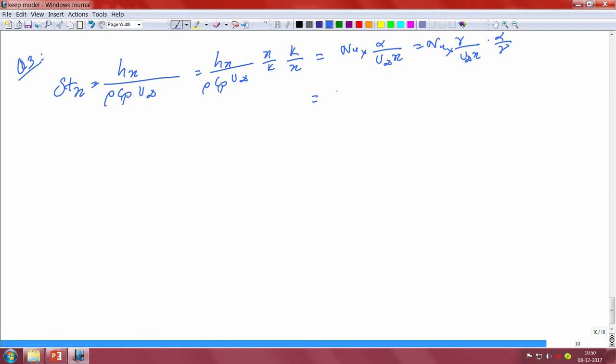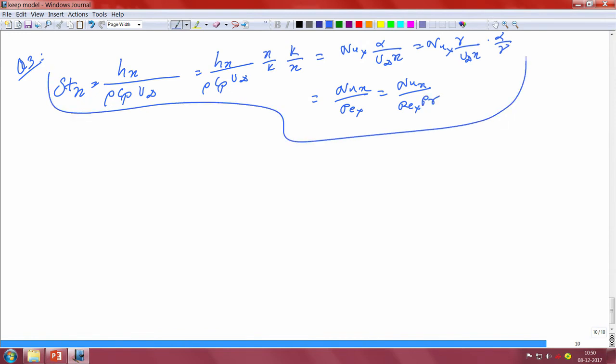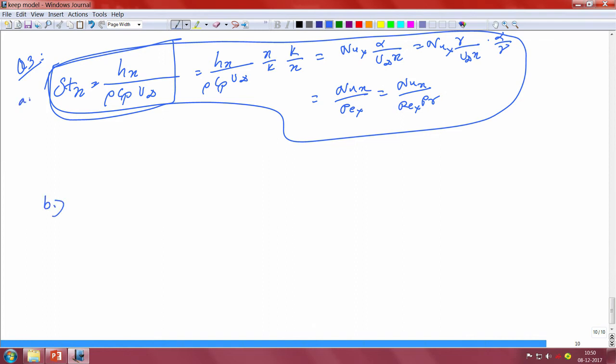So, this will further lead to Nusselt number by Peclet number, which will give you Nusselt number divided by Reynolds number into Prandtl number. It is very simple math, just starting from the basic definition of your Stanton number. So, this is the A part of the question.